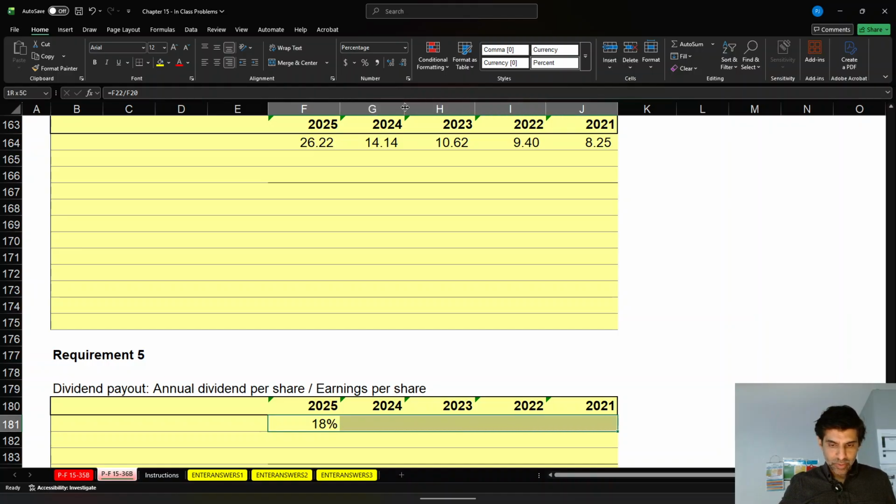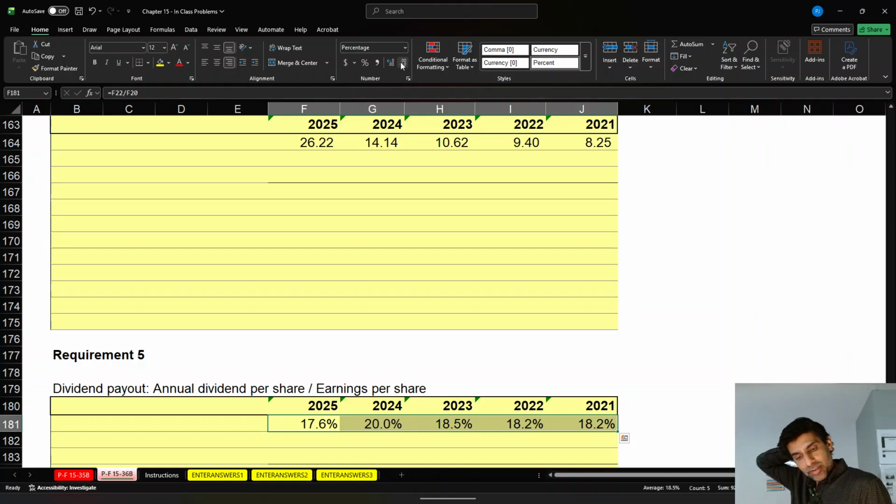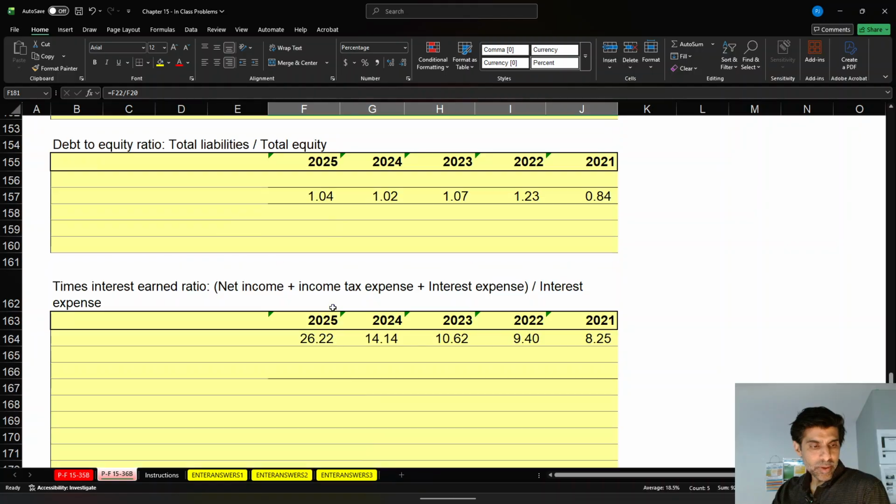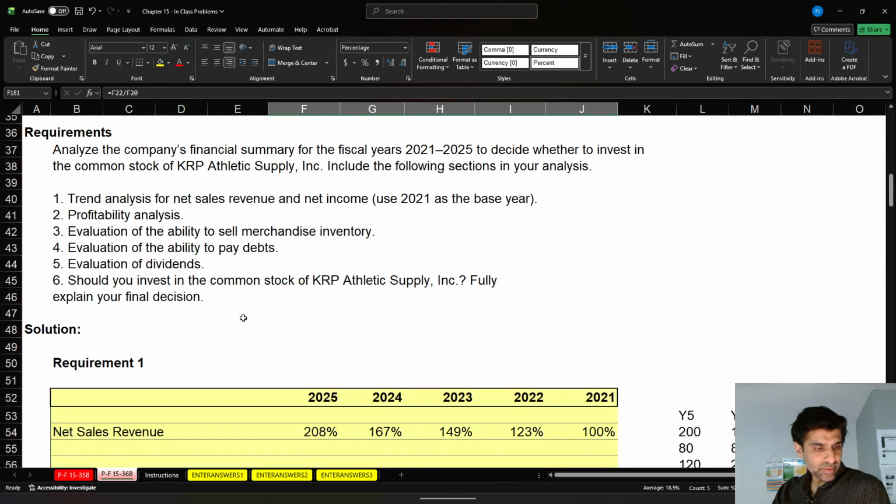Okay, so this is telling us basically that for every dollar of profit that the company is generating for the shareholders, it's keeping 80 cents of it and it's paying out 20 cents to the shareholder. Okay, and it looks like they have a pretty steady payout ratio.